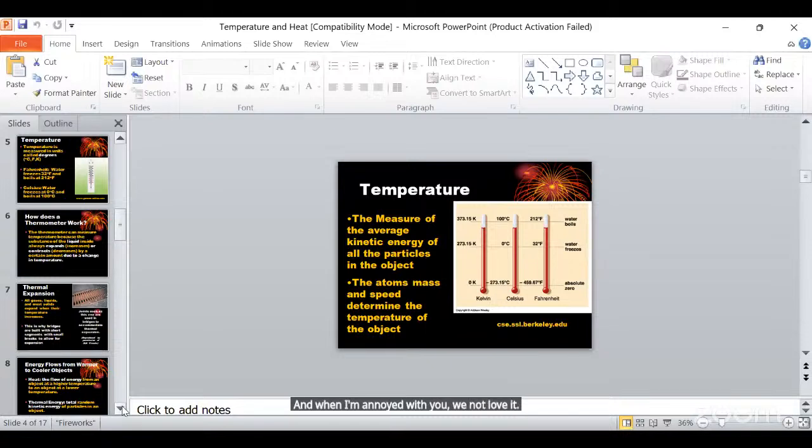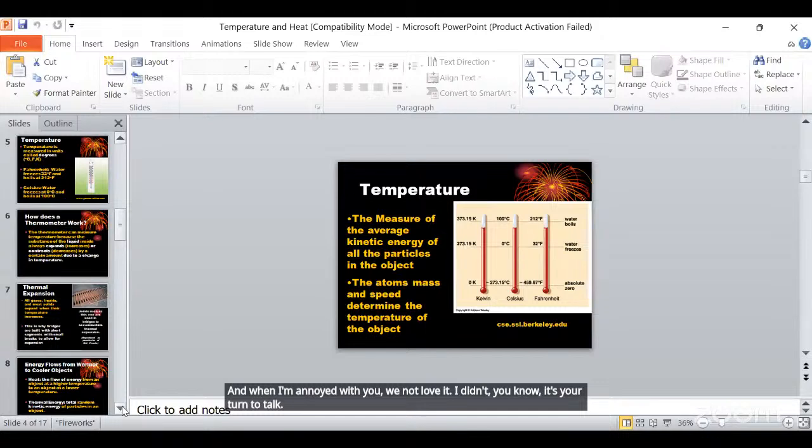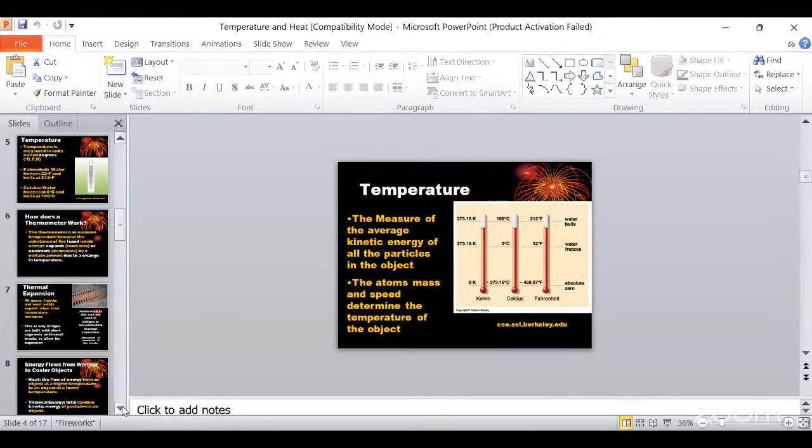Adeniran Abdulatif, it's your turn to talk. Okay, Mayowa Ayeni, it's your turn to talk. Sir, I did not understand. Okay, for the Kelvin, I'm having 300.27 Kelvin as my answer.